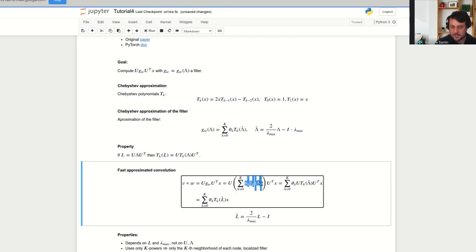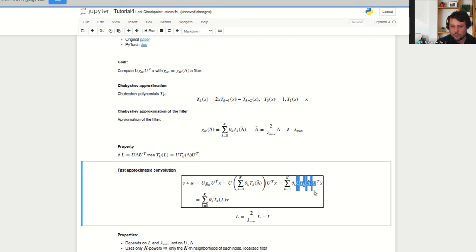So every term is a diagonal matrix, and then we are multiplied left and right by U matrices. And so what we can do is exchange the product and the sum. So this is just a number, and we can take the U and U transpose inside, okay? So the diagonal matrix is Tk of lambda tilde, and now we have a sum of coefficients times a matrix.